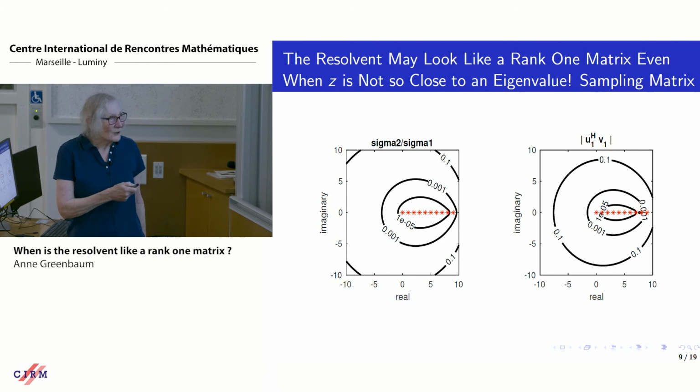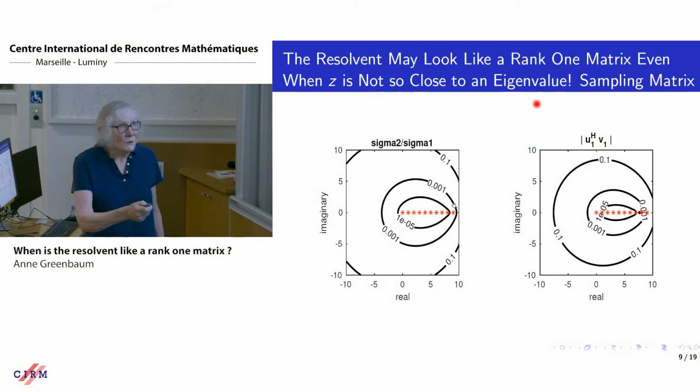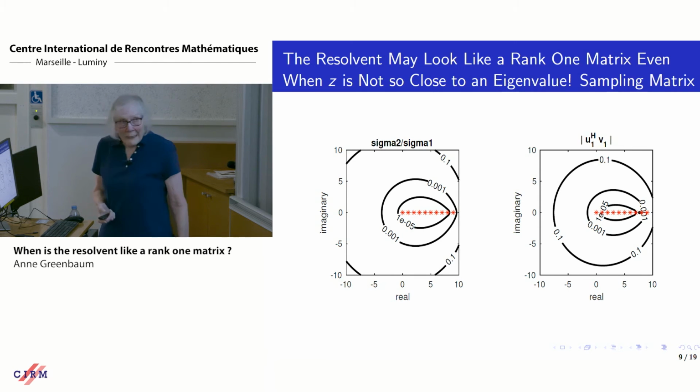It has integer eigenvalues that are ill-conditioned, and again, there's a very large region where the resolvent, A minus zI inverse, is very close to a rank 1 matrix, and where U1 star V1, U1 and V1, are almost orthogonal to each other. And those are the matrices I'm showing, but if you go into MATLAB and go to the matrix gallery and try any of the ones with ill-conditioned eigenvalues, you will see this same phenomenon.